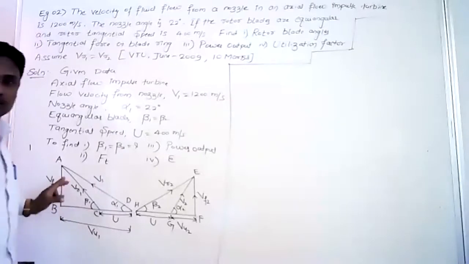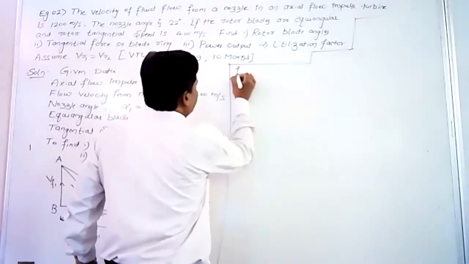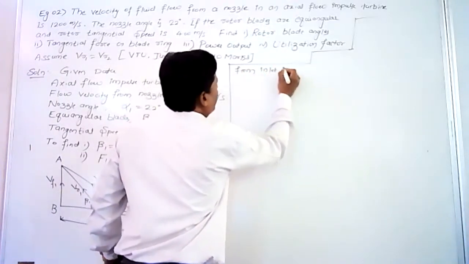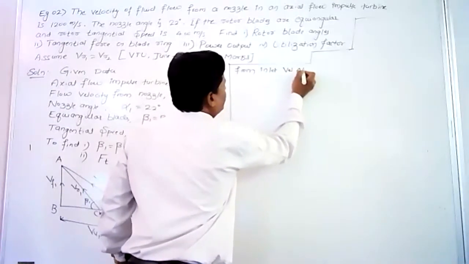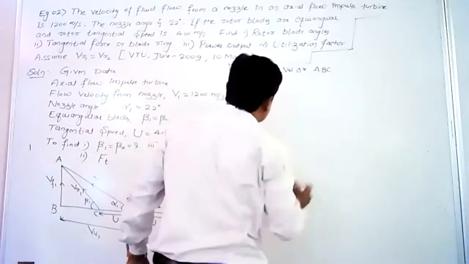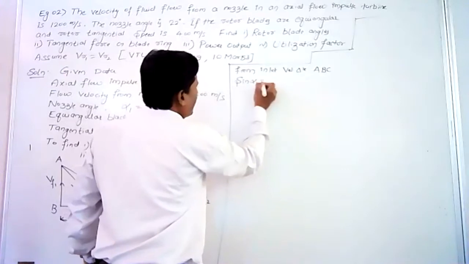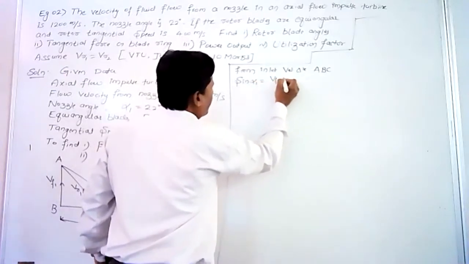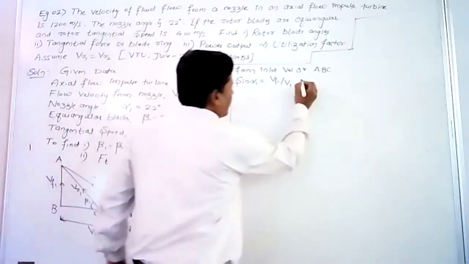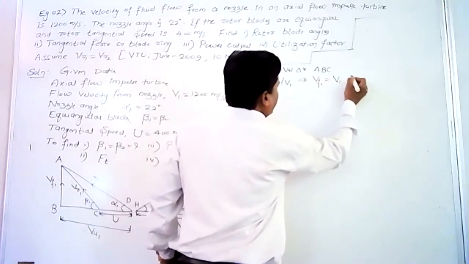From the inlet velocity triangle ABC, sin alpha 1 equals Vf1 by V1, or Vf1 equals V1 into sin alpha 1.